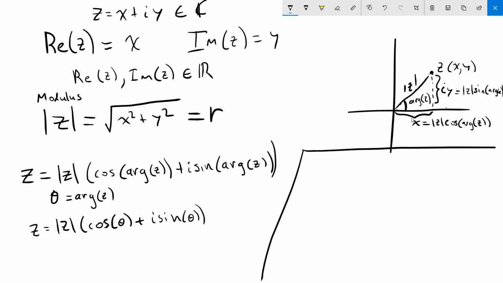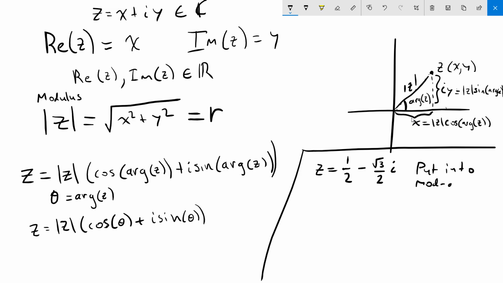Let's take z equals 1/2 minus root 3 over 2 i, and we want to put this into modulus argument form.